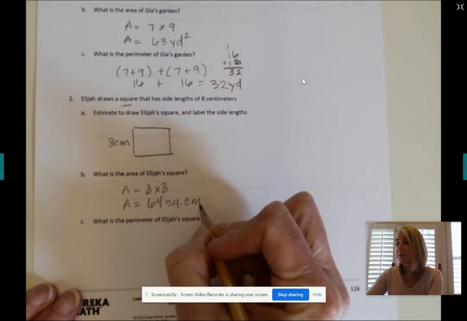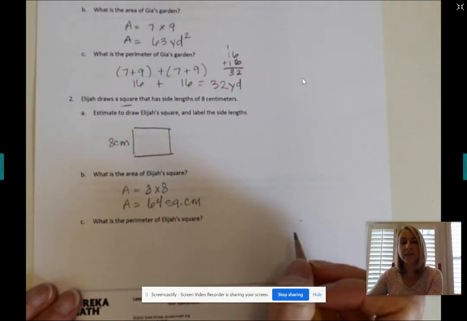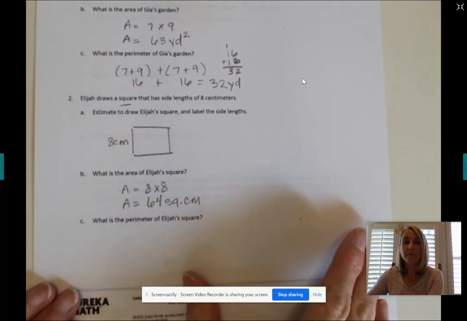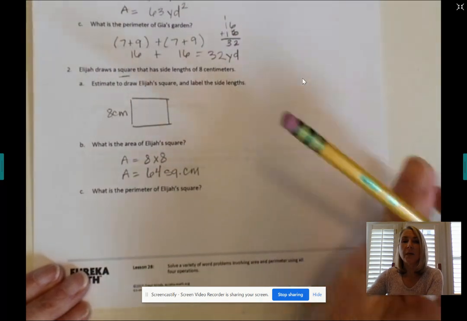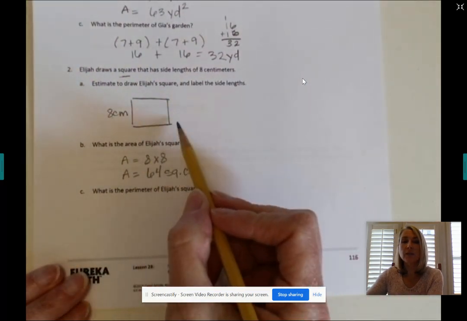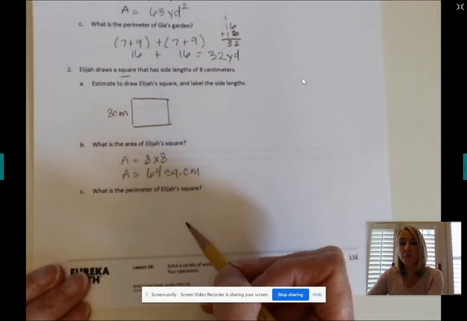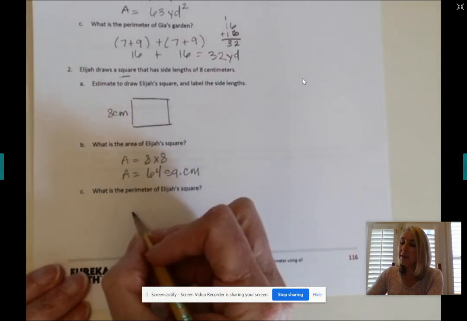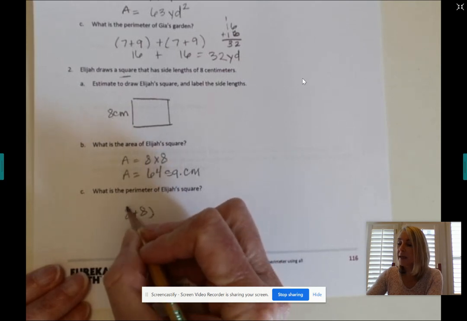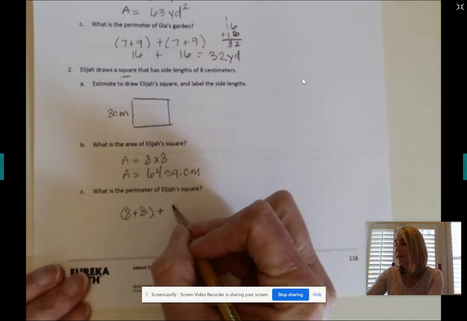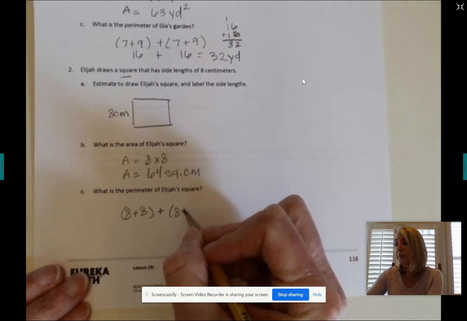And I'm going to write it a different way just so you can recognize it in its different forms. What is the perimeter of Elijah's square? So the perimeter means I need to work all the way around. I have 4 eighths. I am not going to do 8 times 4, because I just really like to keep in my brain addition for perimeter.